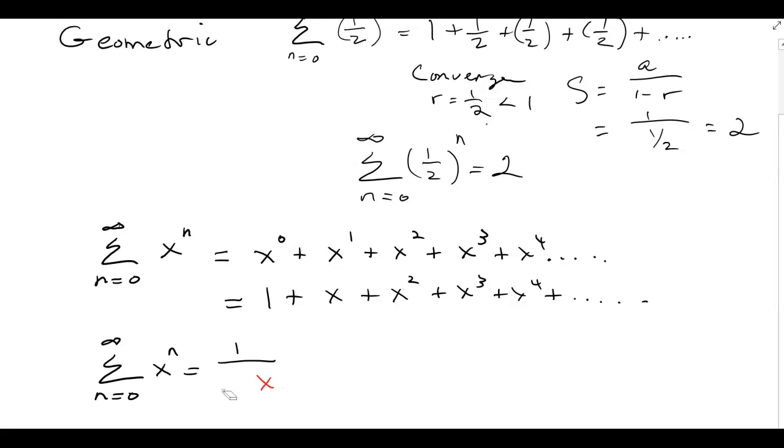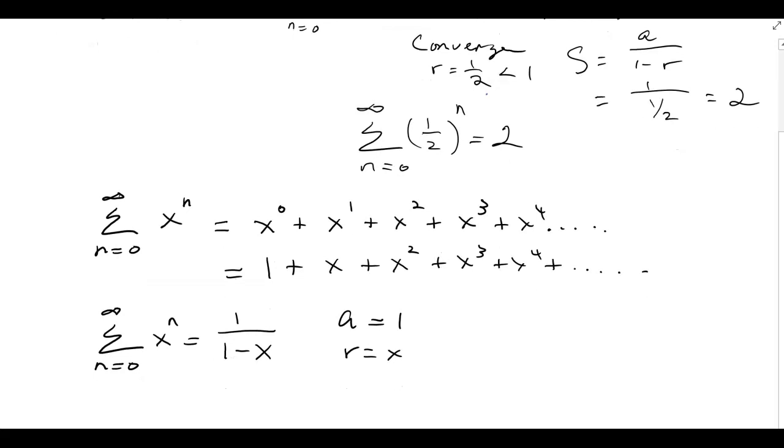Because my first term a in this new series is just 1, and my r equals x, my sum would be 1 over 1 minus x. And then, assuming that the absolute value of x is less than 1, we could say that the summation of x to the n equals 1 over 1 minus x.